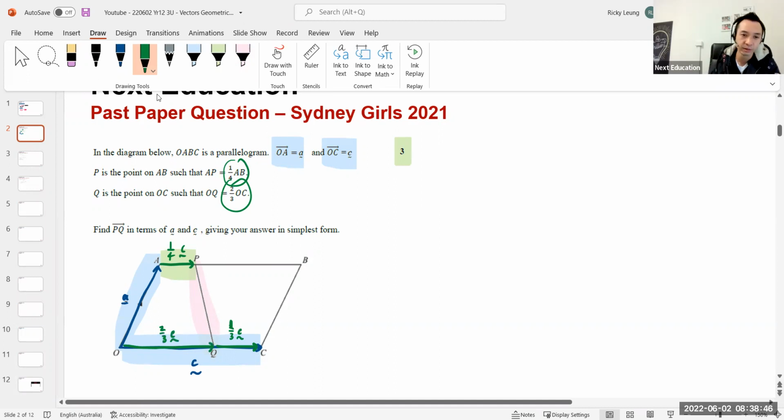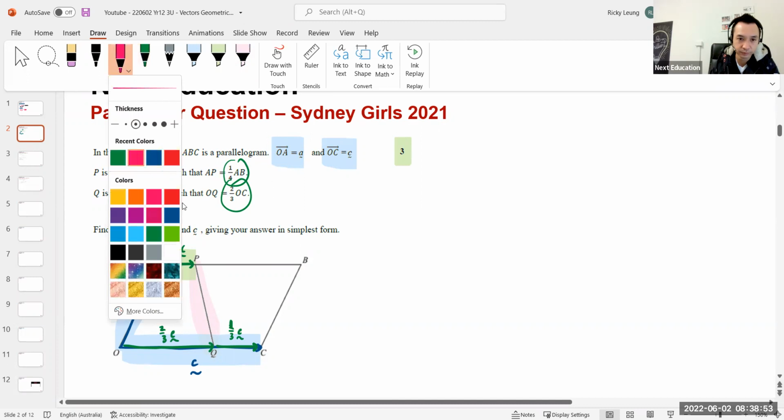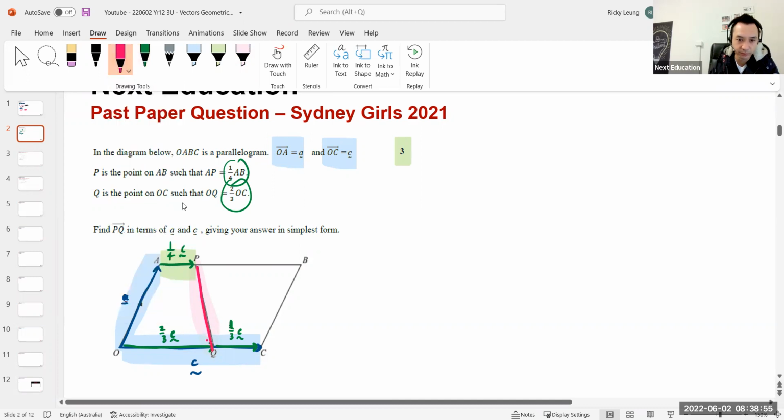Using my resultant vector, I can see the pink one, which is what they want, PQ. PQ looks like it's PA, AO, OQ. Piece of cake. Let me draw that out again.